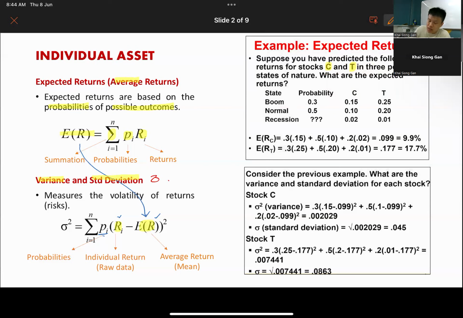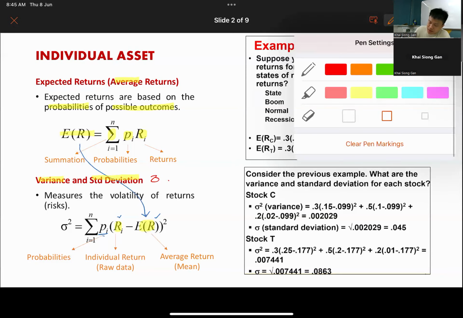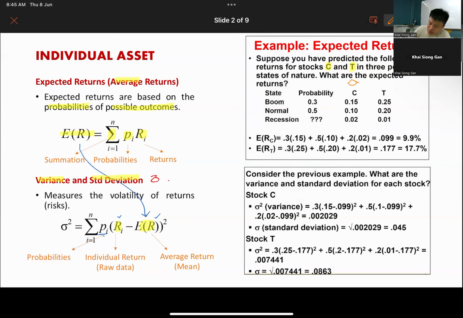That means we look into stock C first, followed by stock T. So I will see from the top here. I want to look into the stock C first.